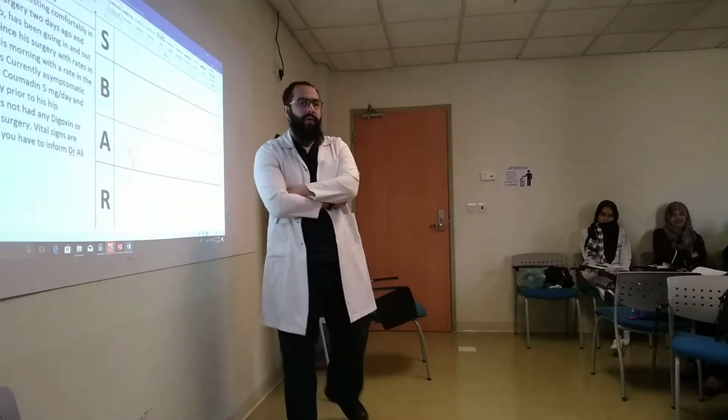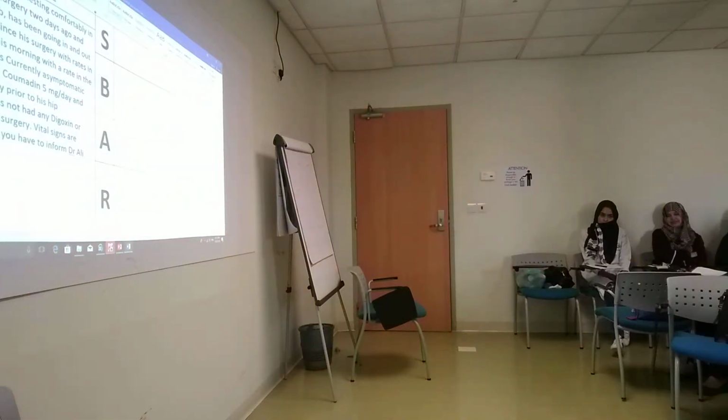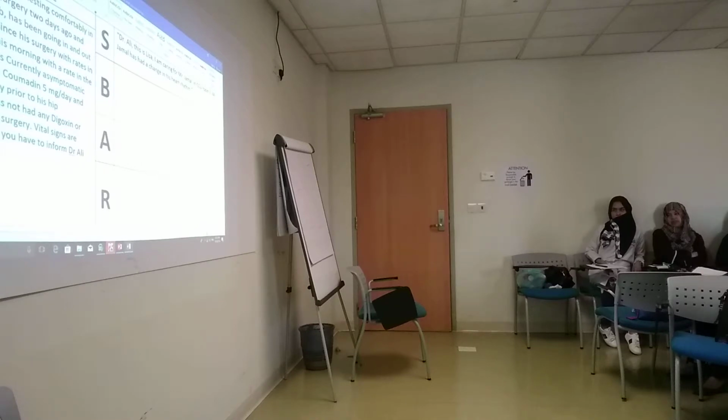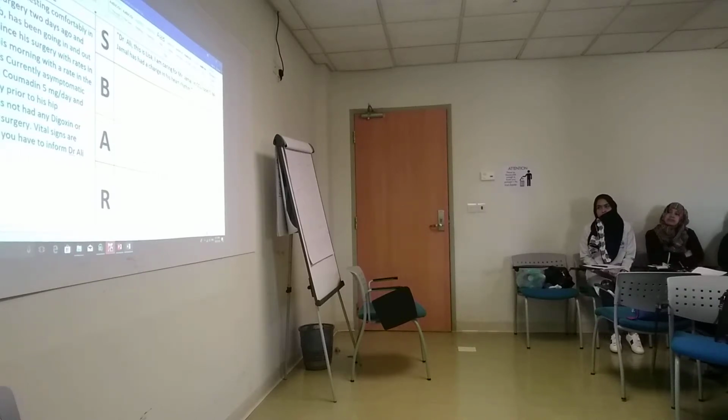Okay. So this is how to use this. But let's say the scenario. For example, you start by calling the physician by name and mention your name and say, I'm caring for Mr. Jamal in CCU room 5. You have to identify the room. And he had a change in his heart rhythm.